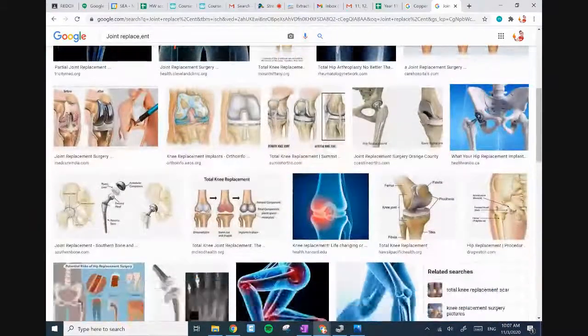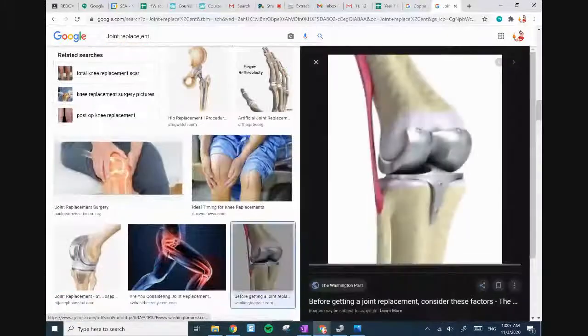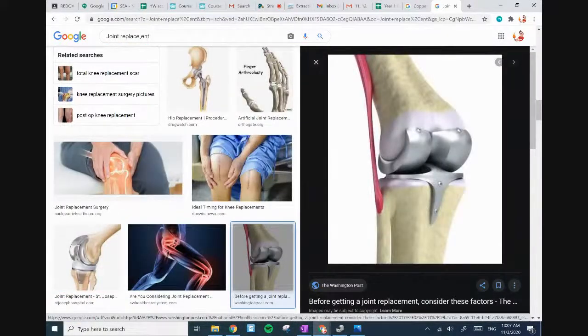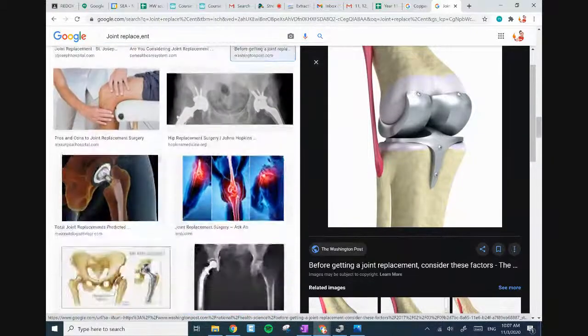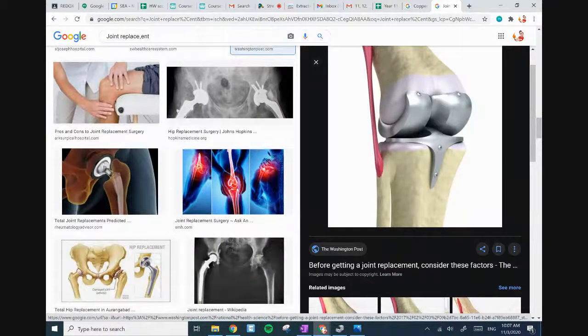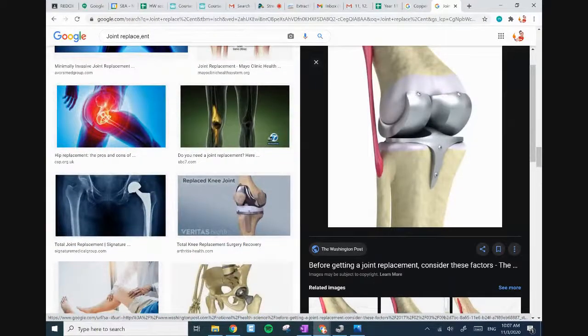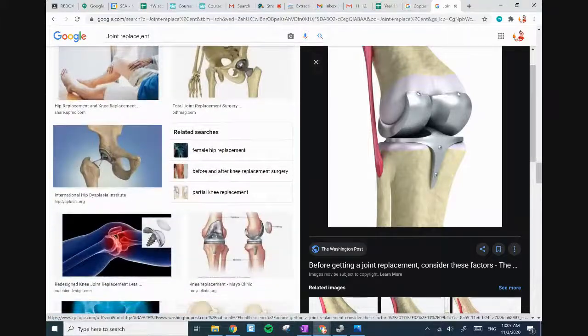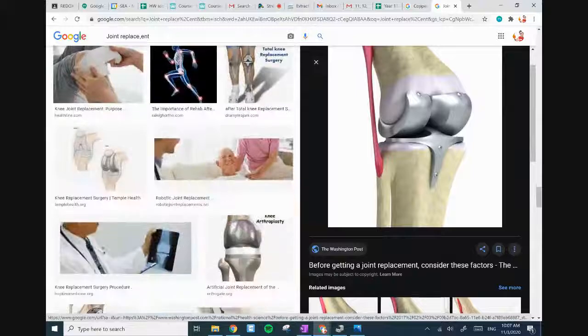Now, whenever they do any hip replacement, knee replacement, elbow replacement, they only ever use one material, and that's titanium. They actually use two materials. One of them is titanium, and the other, of course, is PTFE, polytetrafluoroethene, which is a plastic designed to give it some lubrication. It's a very, very slippery plastic.